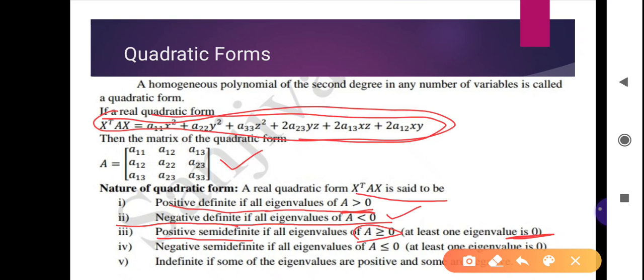Then if all eigenvalues are less than or equal to 0, that means at least one eigenvalue is 0 and the remaining are negative, then we say that the quadratic form is negative semi-definite.